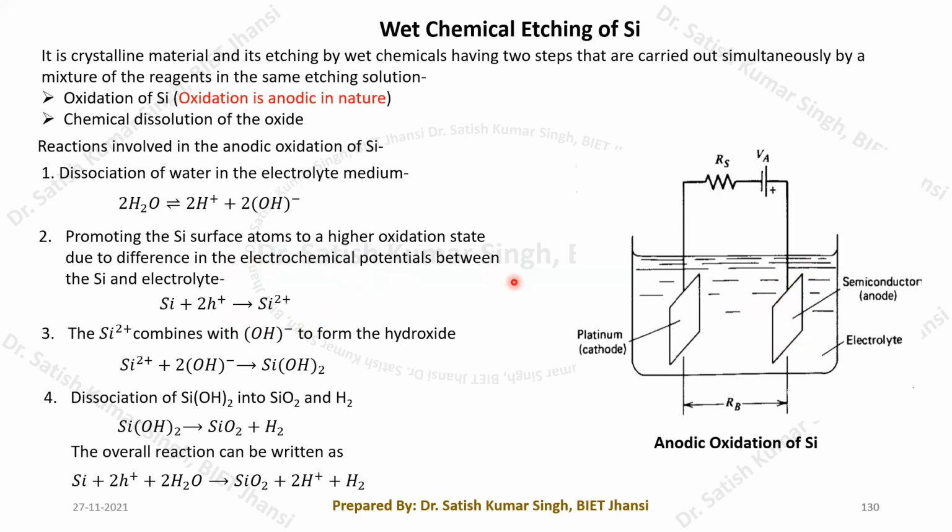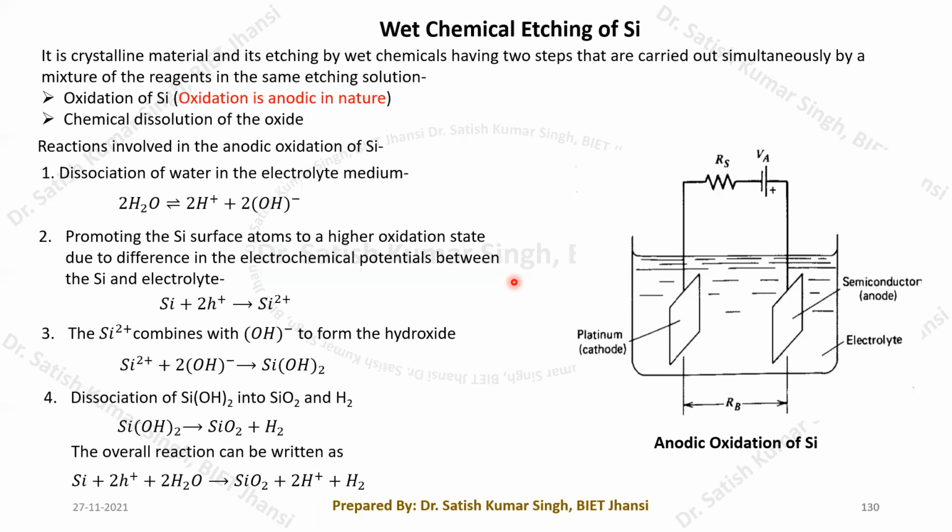These Si2+ atoms have a higher oxidation state. It has a higher oxidation rate, or it forms a layer having more affinity towards oxidation.